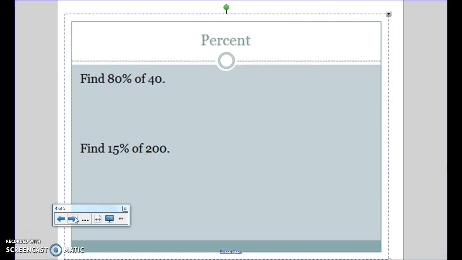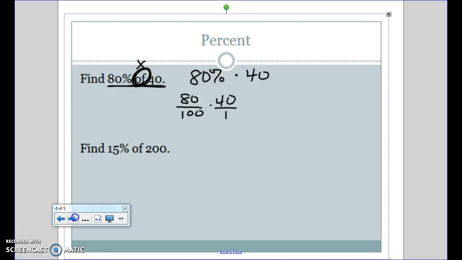Let's find 80% of 40. So again, it's very important to know that the word of means multiply. So I'm thinking 80% of 40. I can do it 2 ways. I can say, okay, I have 80 100ths times 40. Let's do it that way first. 80% is 80 per 100, so that's why I can change it to 80 out of 100.